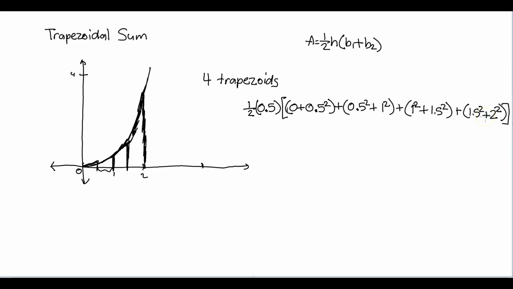Okay, and all we need to do is add this up. And let's see what approximation we get now. So 0 plus 5 squared plus 2 times 1.